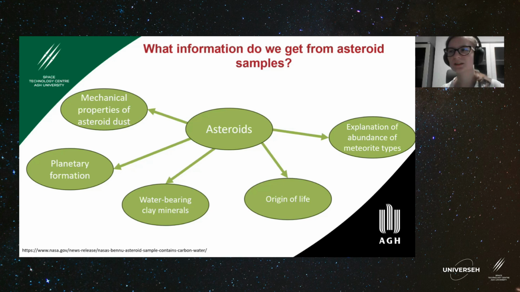But to get a sample from an asteroid that has not undergone atmospheric pressure, not been melted by the atmosphere like a meteorite sample, to have a pristine asteroid sample, it is necessary to organize a mission. And there was, for example, a mission to Bennu, Ryugu, to get this kind of sample.